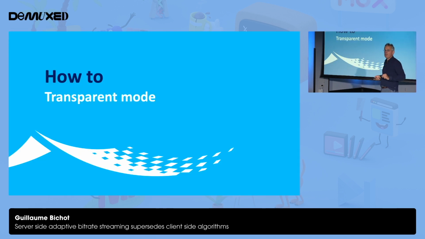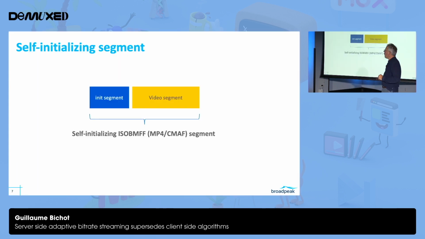So we have basically 2 modes for operating this server-side adaptive streaming. The first one is called transparent. That means it's transparent for the player. What we do is prepend the initialization segment to the media segment systematically for all segments, in such a way that if the player requests a particular representation, a particular quality, maybe the server will serve something else.